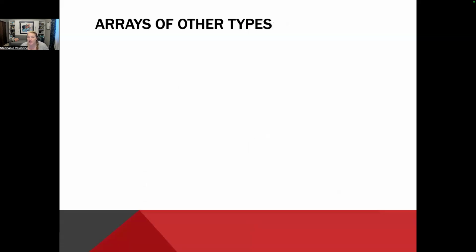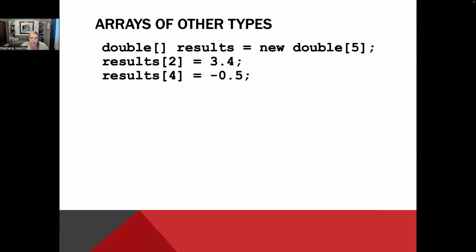Okay, you can have arrays of whatever types you want. We've got doubles here. You can index into an array. That's another way of saying you want to go to the variable at an index with the square brackets. So I'm going to index into the array at 2 and set it to 3.4. I'm going to index into the array at 4 and give it negative 0.5.